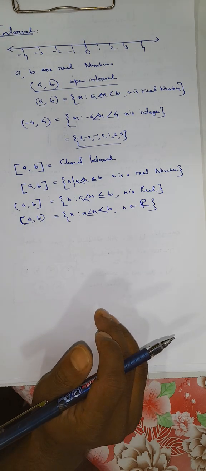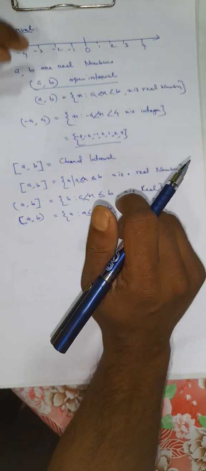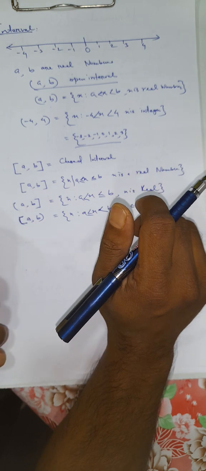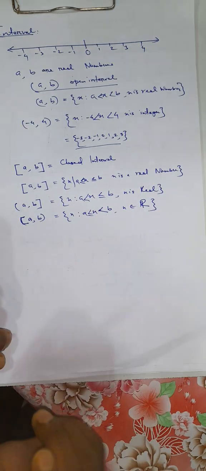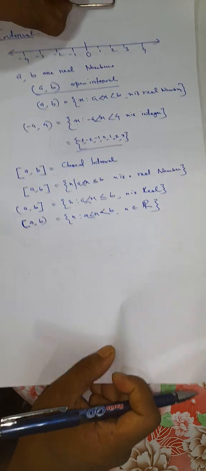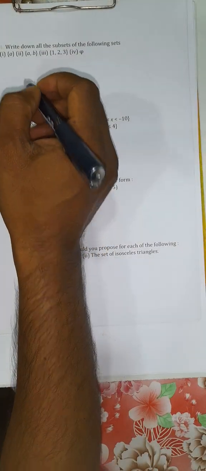We will use this concept of interval in relations and functions, and in defining some sets also. So let us talk about some examples here. Write down all the subsets of the following sets.